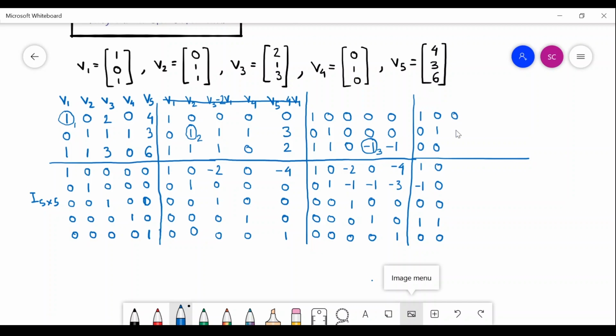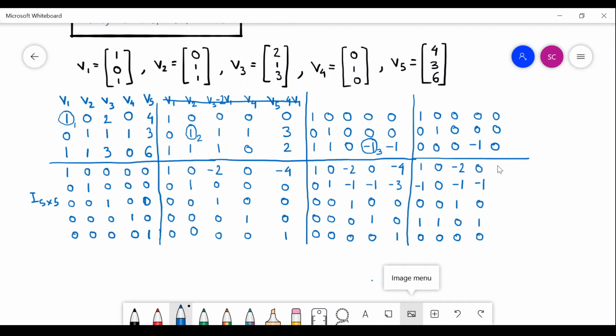Then nothing I am doing here, all are already 0, 1, 0, 0. This remains as it is because the pivot element is from here. Here I subtract, then this becomes 0.